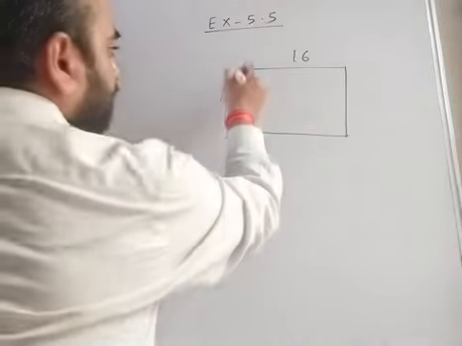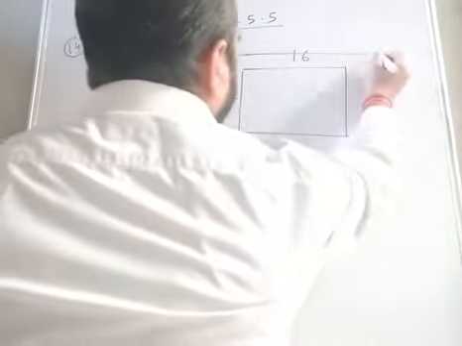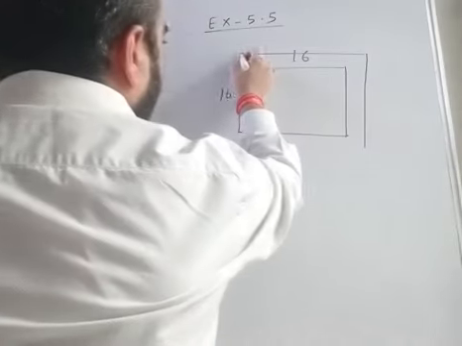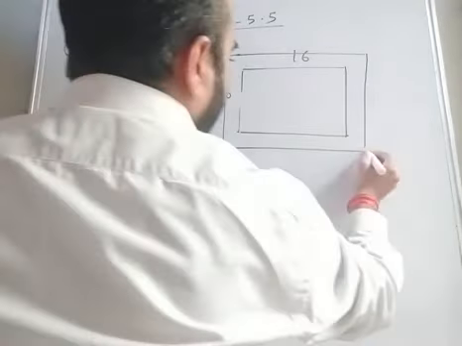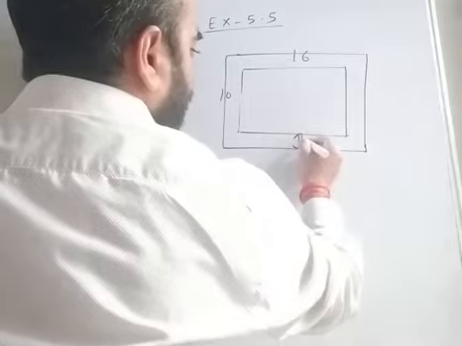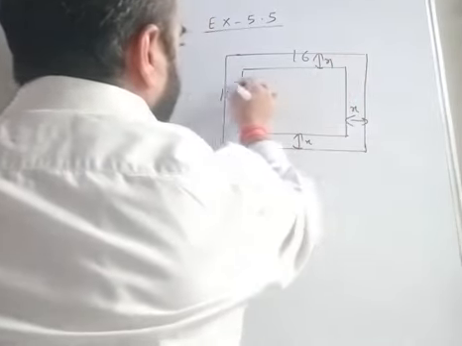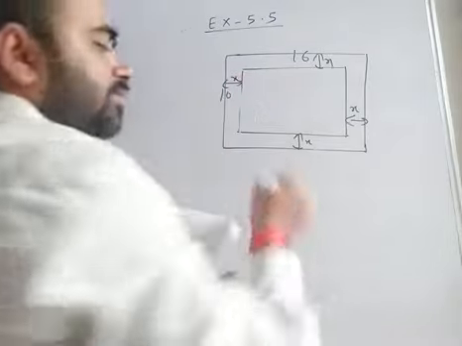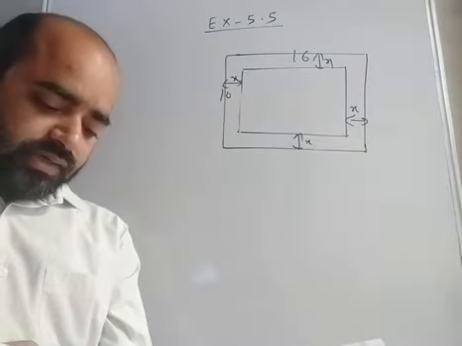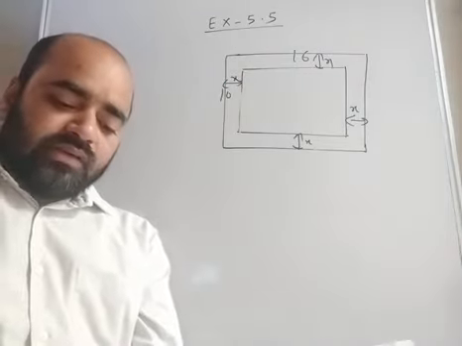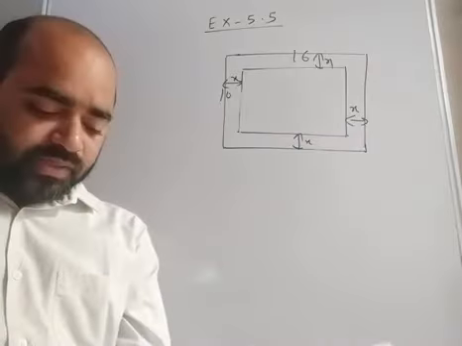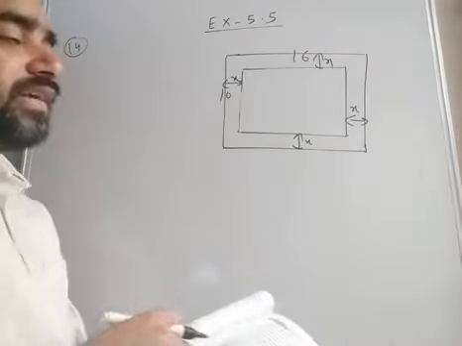Suppose this is the path of uniform width x, all around x meter. Clear? It is given. We have to take the uniform width of the walk as x meter. Now we have two rectangles.